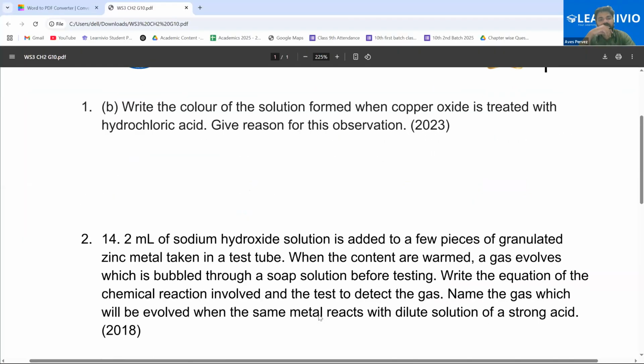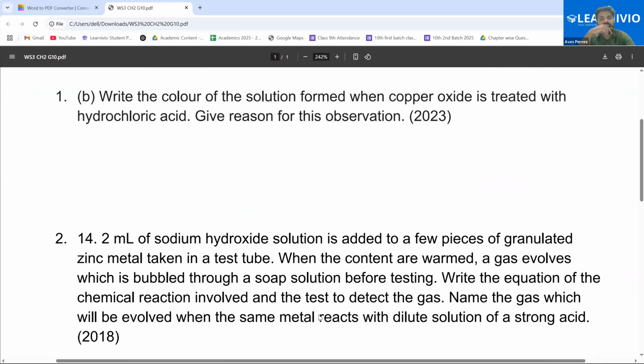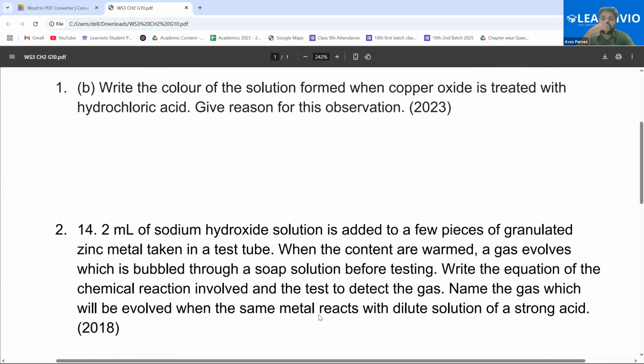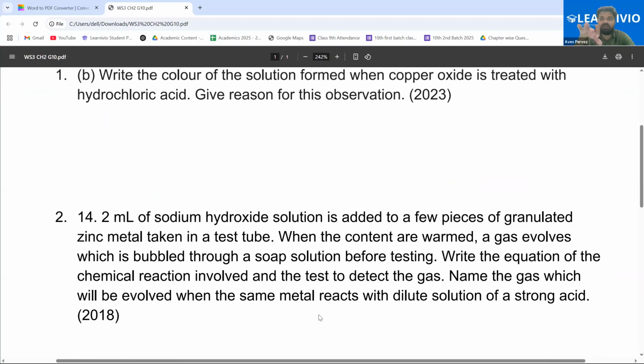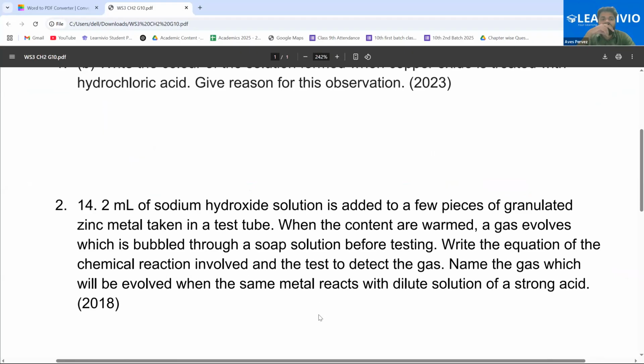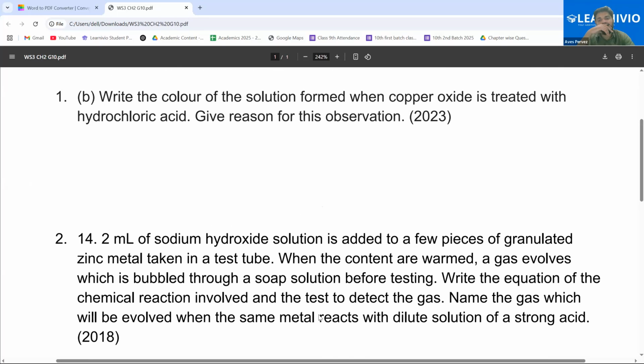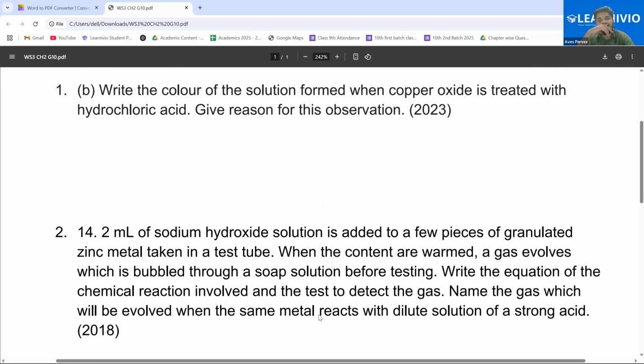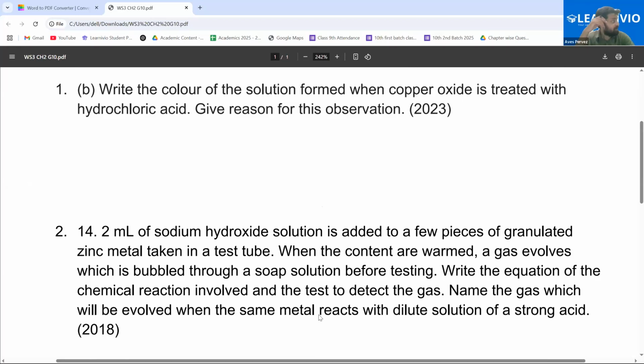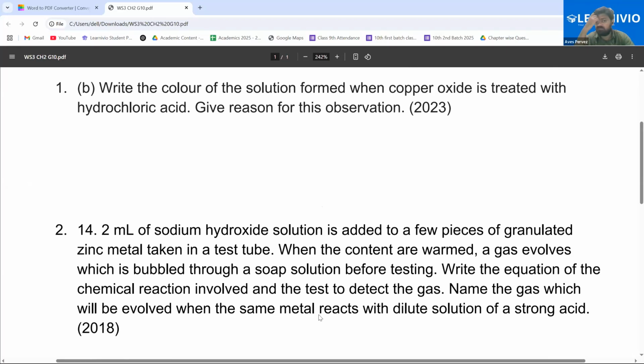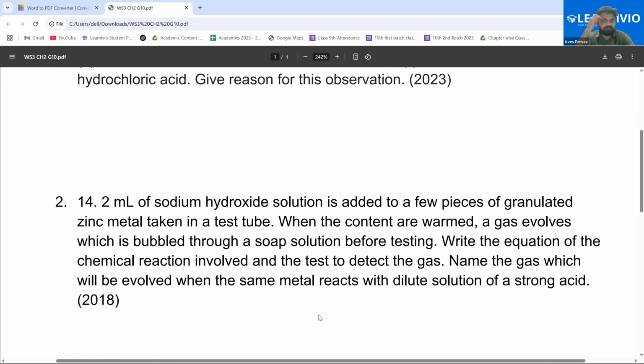Can you answer me this question: write the color of the solution formed when copper oxide is treated with hydrochloric acid. Okay, let it be. We will do this now because we have not studied metal oxide reactions with acid. We have not done that, sir. First question, there is no reaction taking place, right? No, it is copper oxide, not copper, there the reaction will take place. Okay, sir.